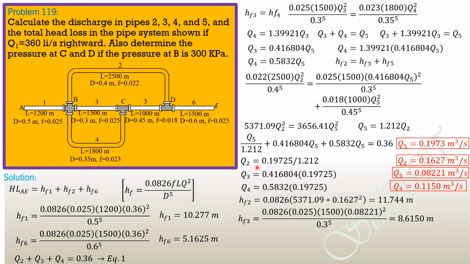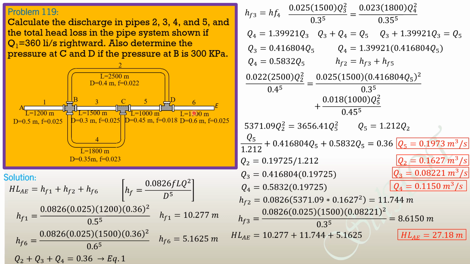So the total head loss is equal to 10.277 plus HF2, 11.744, plus HF6, 5.1625. So the total head loss from A to E is equal to 27.18 meters.